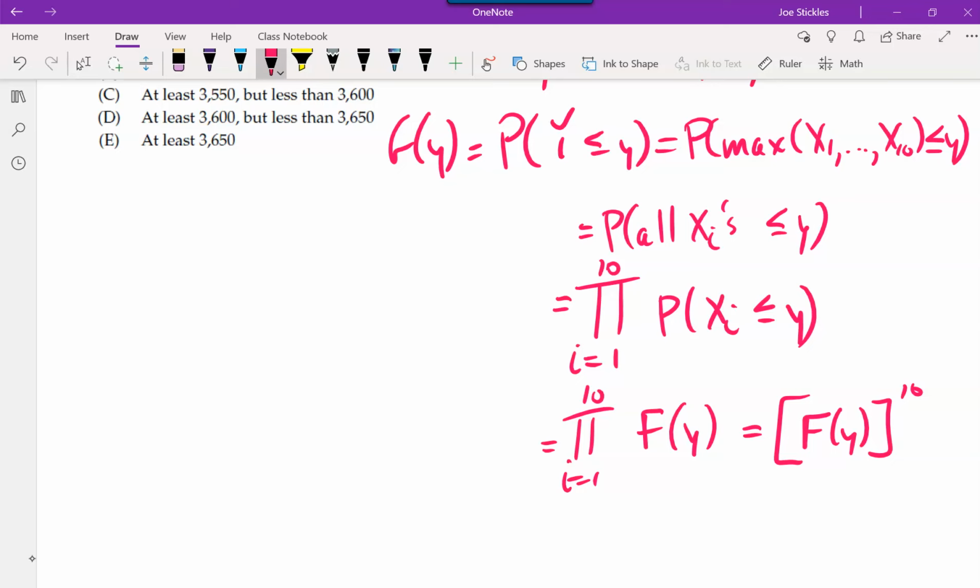Anything special about the 10? No, that was how many of them there were, right? So if this were 5, you would have a 5 here. If this were 20, you would have a 20 here, right? Nothing special about the 10.